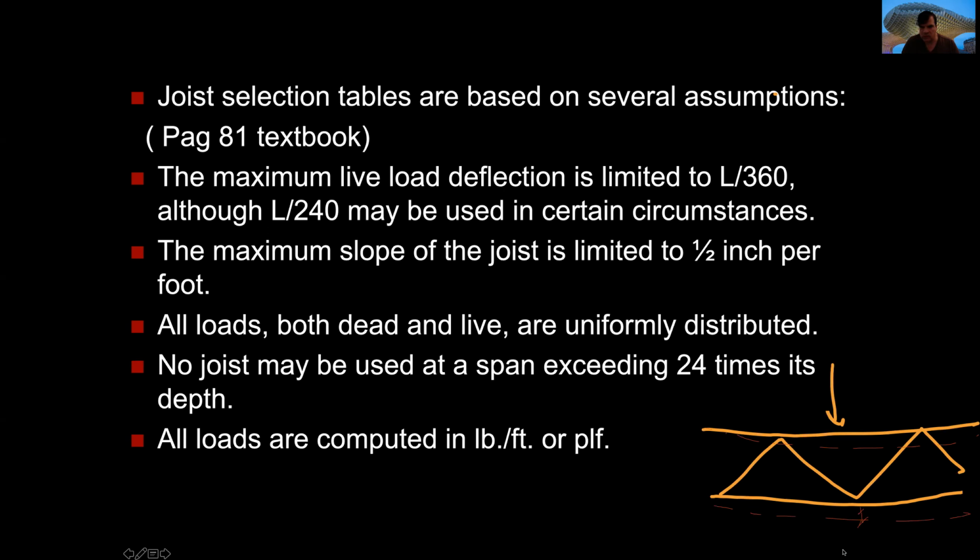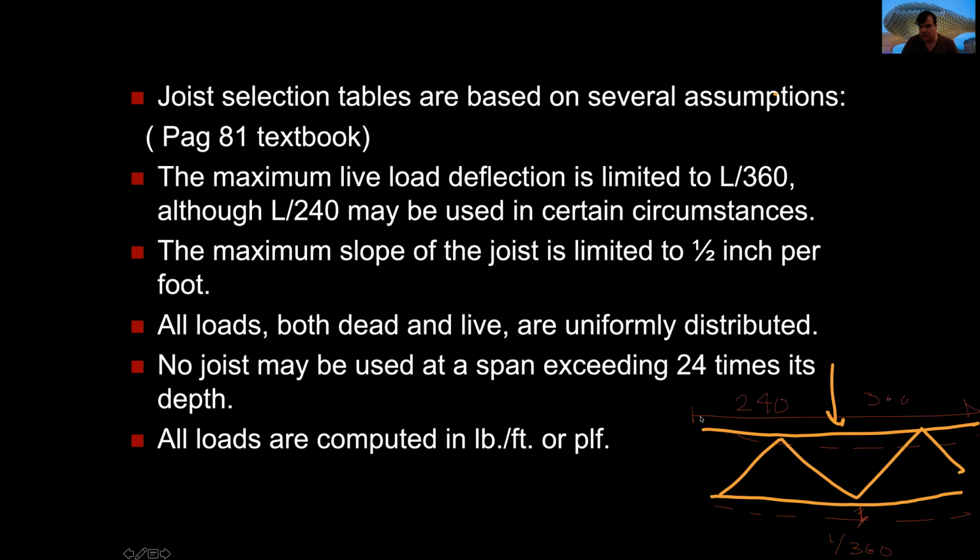And this distance is the deflection. The deflection will be maximum in most circumstances at 1/360 of the span. If the span is 360 inches, the element can move 1 inch, but in some circumstances 240 is also accepted.